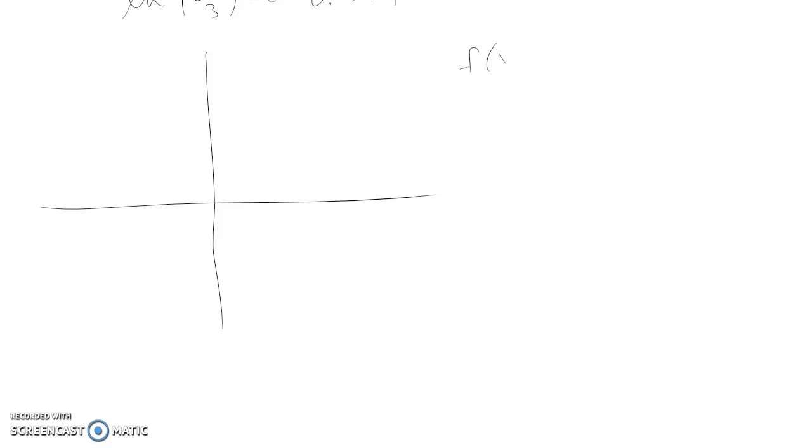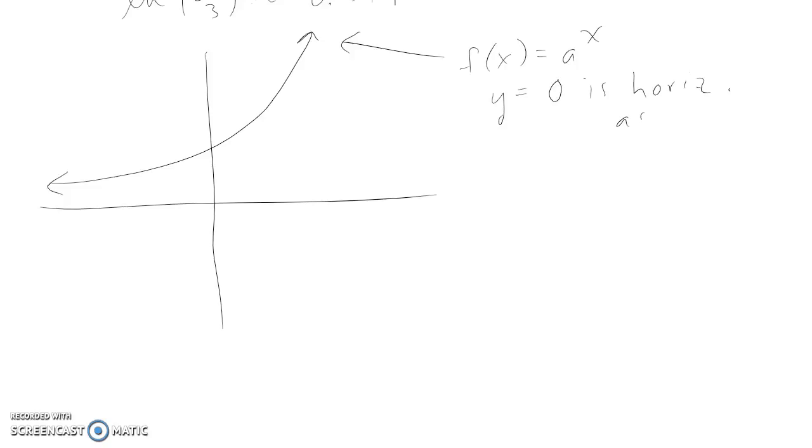So f of x equals a to the x. I'm just going to do a little rough drawing of it. Now, you know that this function has y equals 0 as the horizontal asymptote.